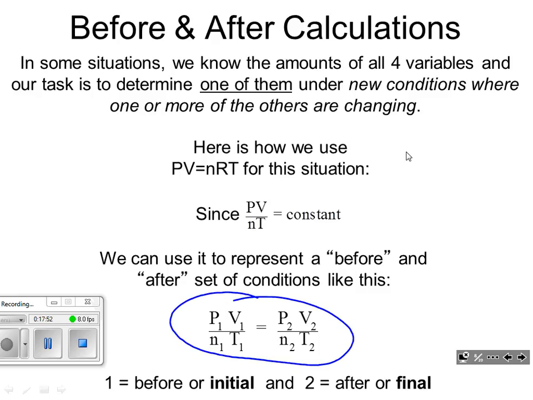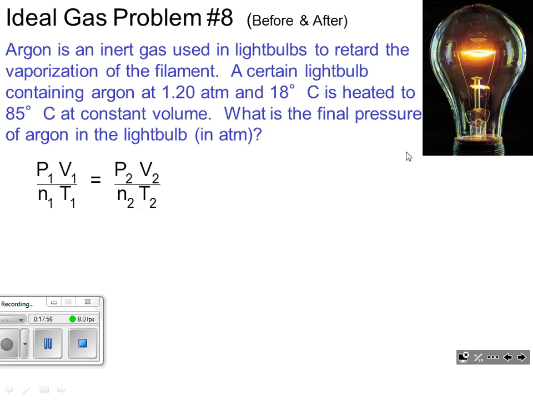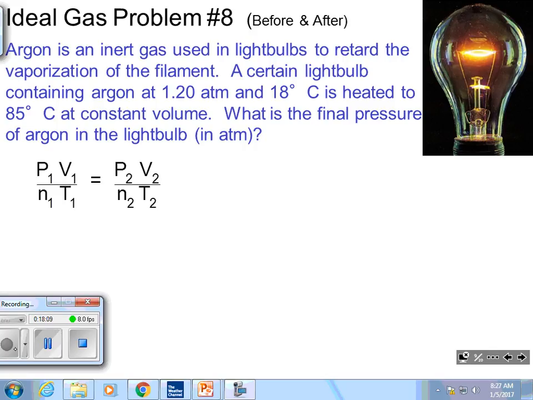All we're doing is just reworking the equation. So if I have this question right here, we can go ahead and calculate that. So here is our before and after problem. Get that in your notes, and we will work it.